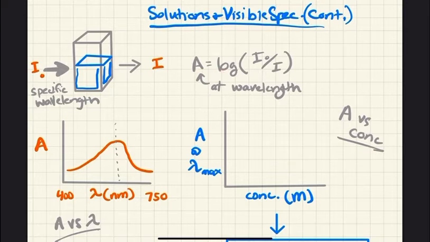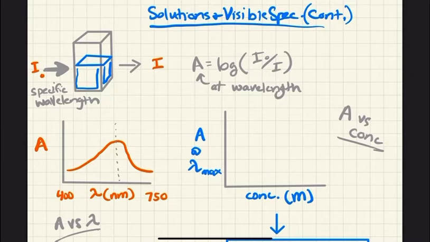We would calculate the absorbance at that specific wavelength by the log of the initial light intensity divided by the final light intensity. Now, this calculation is done for you automatically in our spectrometer, so we don't really have to worry about this. The spectrometer gives you data in the form of absorbance.